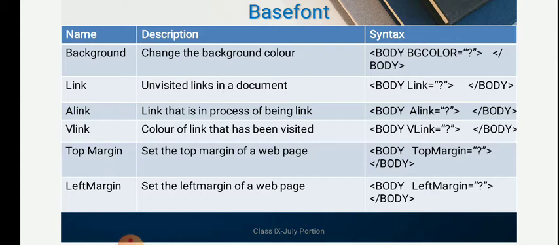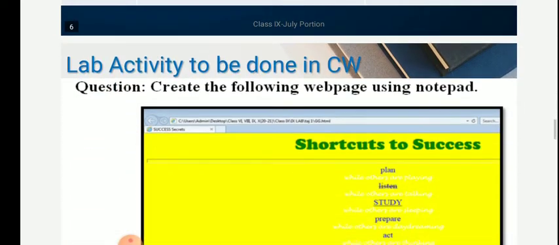That is alink and vlink. For that also, it's up to you. You are the person designing the web page, so you can give the particular color. Then we have top margin and left margin. Top margin sets the top margin of the web page, and left margin sets the left margin of the web page. Now we are going to see the lab activity.